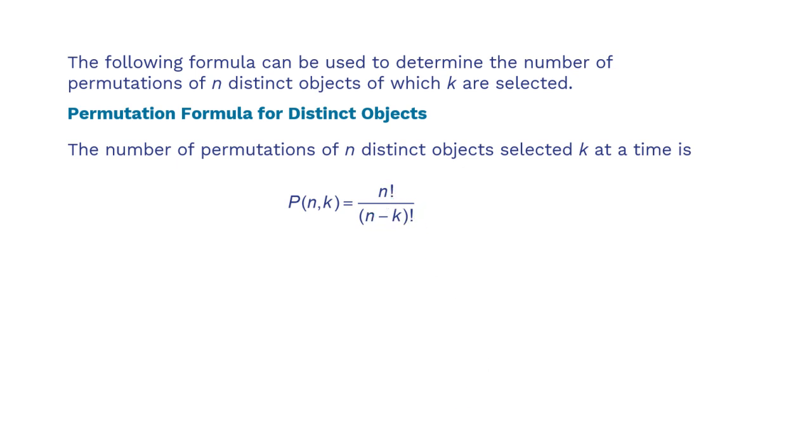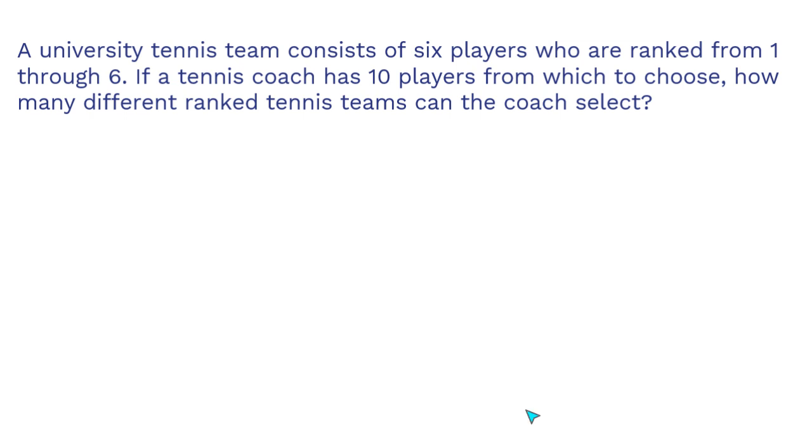So here's an example. A university tennis team consists of 6 players who are ranked from 1 through 6. If a tennis coach has 10 players from which to choose, how many different ranked tennis teams can the coach select? One of the decisions that you have to make is if you're working with a permutation or a combination.